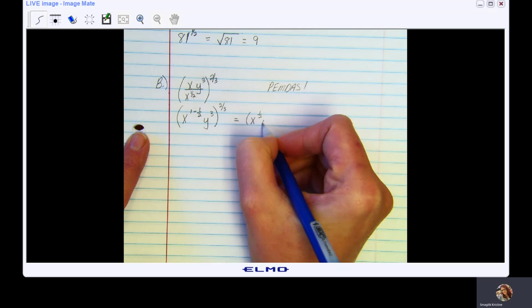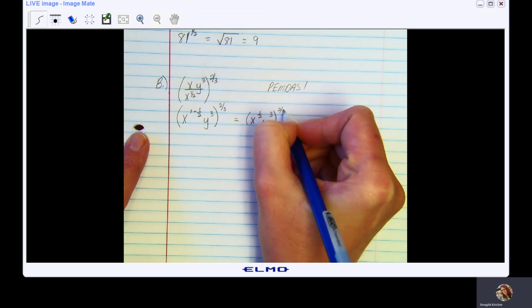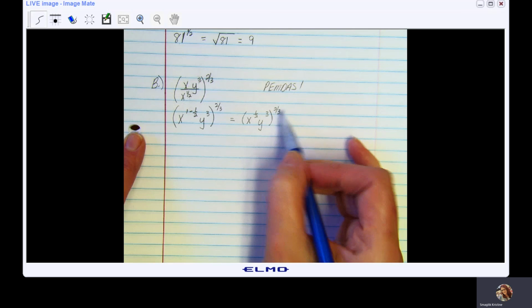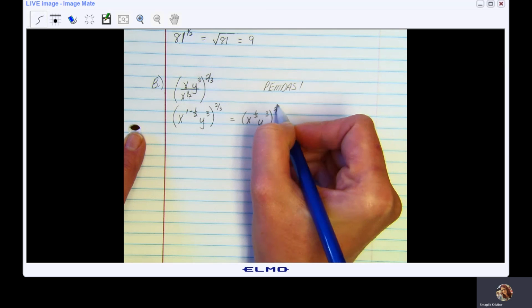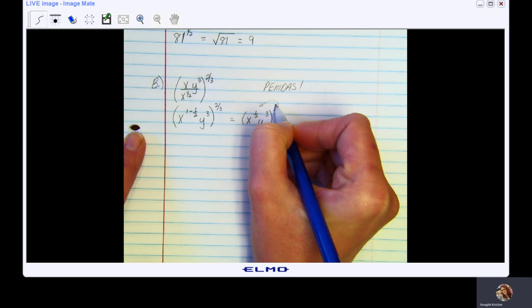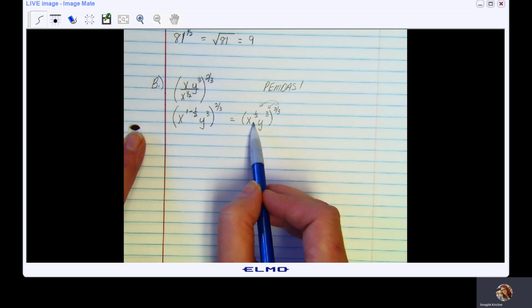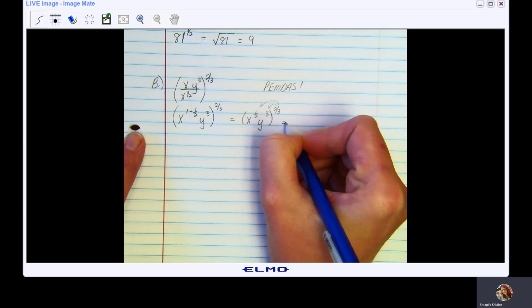And now I'm going to have times y to the 3rd raised to the 2/3. So now I'm going to start applying exponents. I'm going to distribute this 2/3 to each of these exponents. And when I am raising a power to a power, I'm multiplying the exponents.